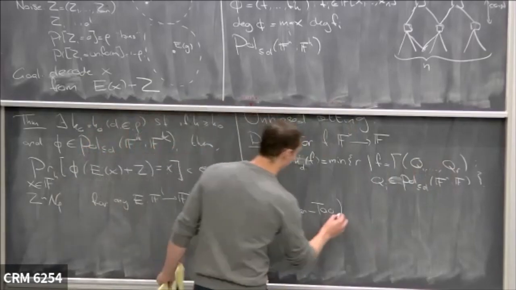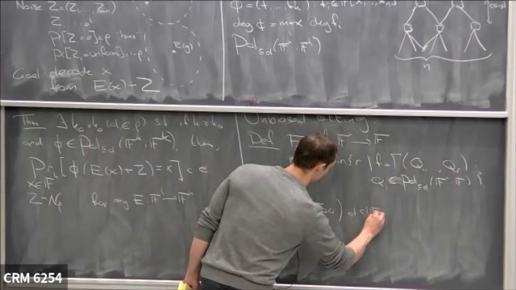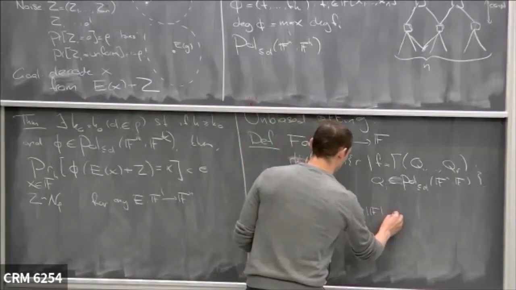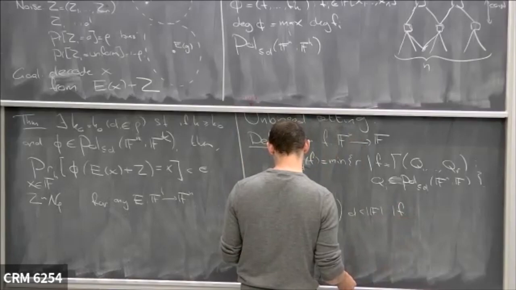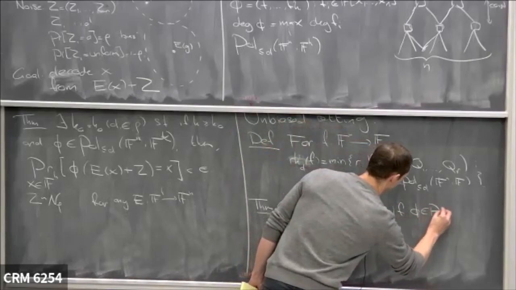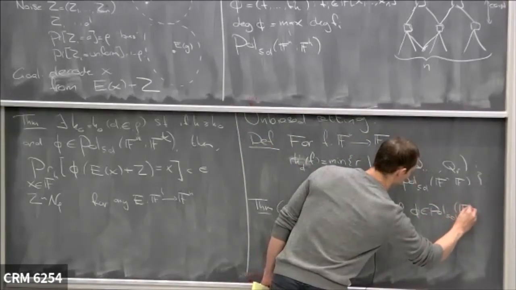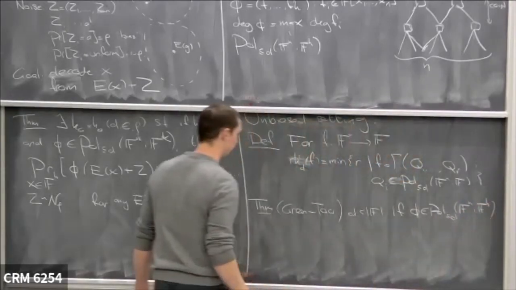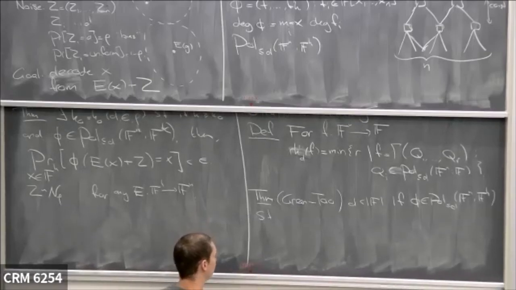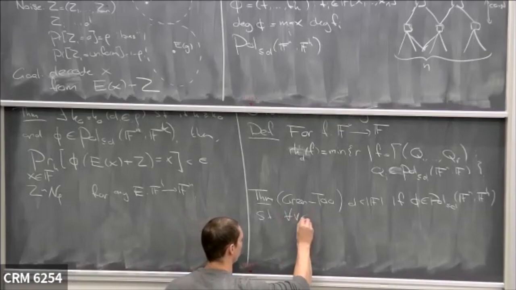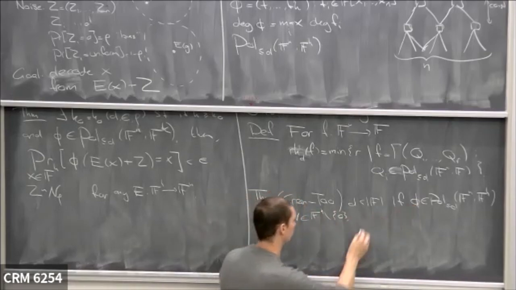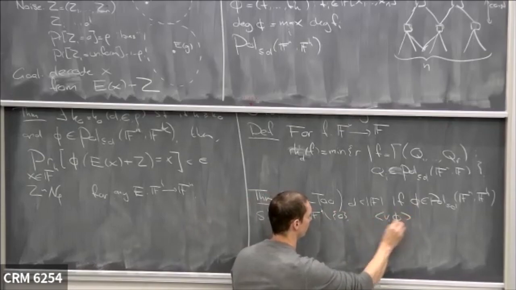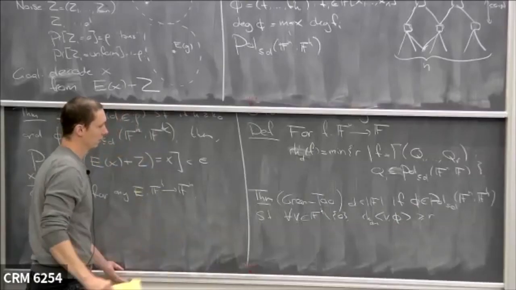So Green and Tao proved, in the high characteristic case, so if the degree is strictly less than the size of your field, that if phi is a polynomial map, degree at most d, from F^n to F^k, that satisfies a certain regularity condition, which is to say that for every non-zero vector v, the polynomial you get by summing the defining polynomials of your polynomial map with the coefficients from v, which is to say the inner product between v and phi, has D minus 1 rank at least R. This is some kind of regularity condition on the polynomial map.